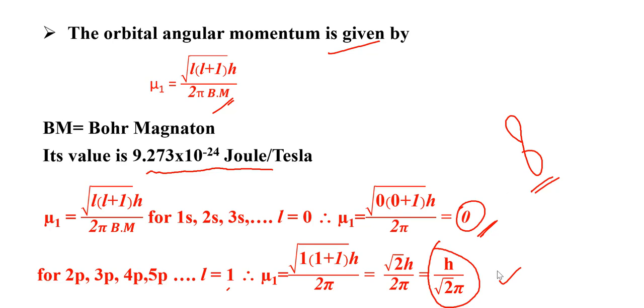That's why it is √2 h by 2 pi. ये value कैसे आ गया, you can see here L value, L equal to 1 into 1 plus 1, L into L plus 1. Then h by 2 pi, don't confuse that, ये under root is there up to this one only. Mu equal to under root L into L plus 1, इतना तक है, h by 2 pi, I can write like this also, Bohr magnetons.